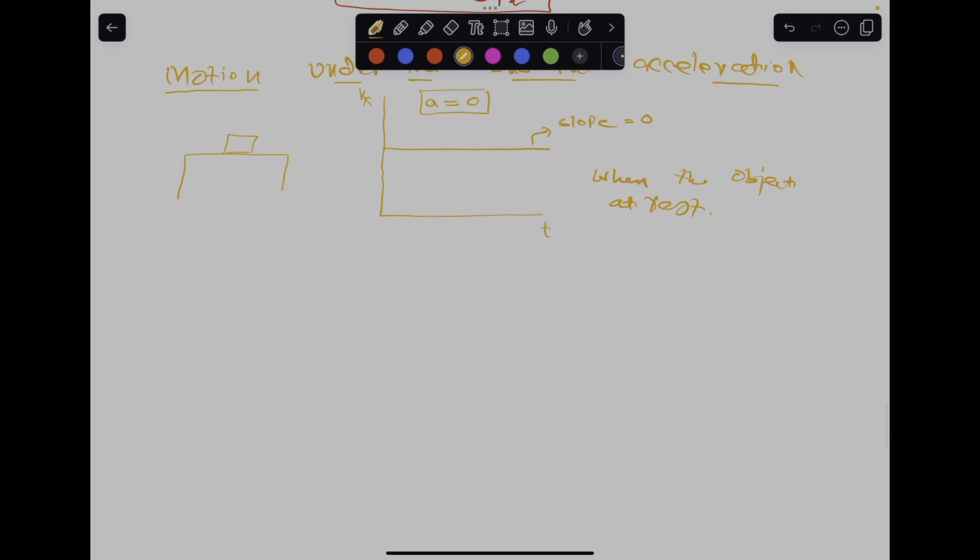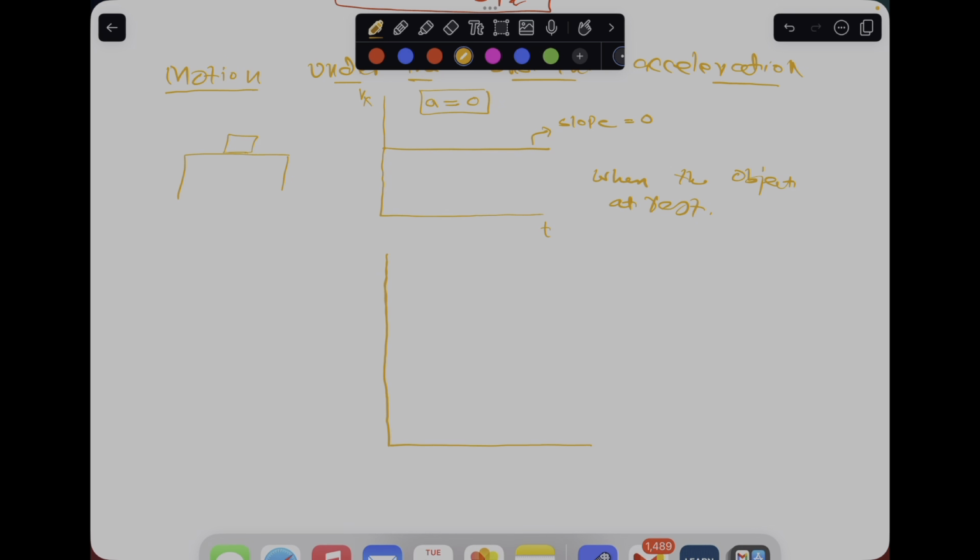So what if the object is moving with a constant velocity, constant speed? It means it's moving uniformly. It covers equal distance in equal intervals of time. So it has a graph, a straight line.